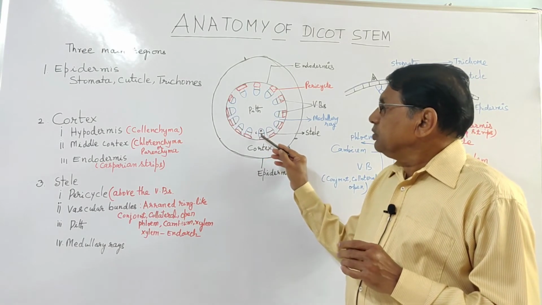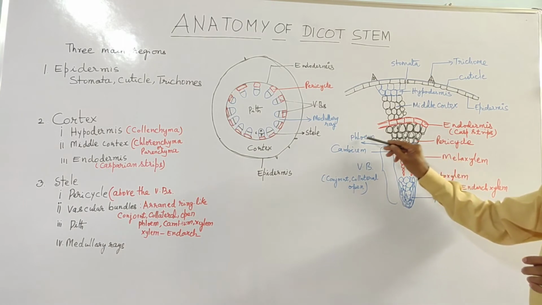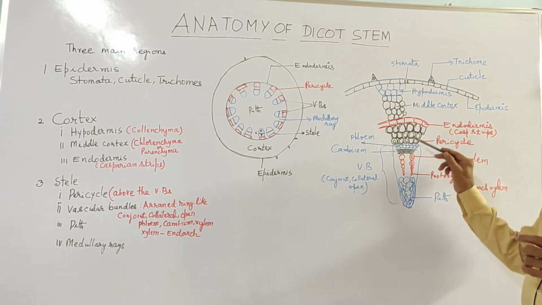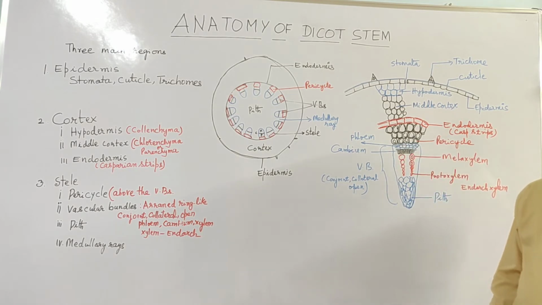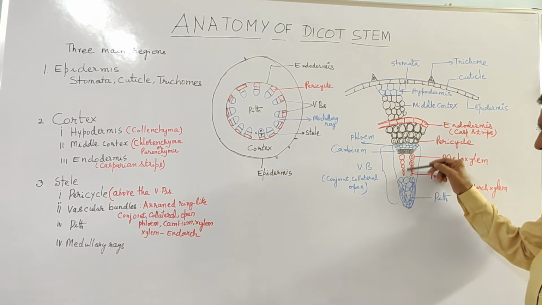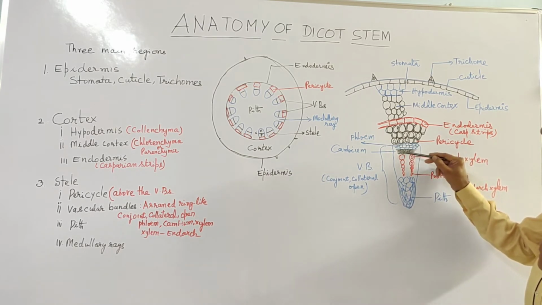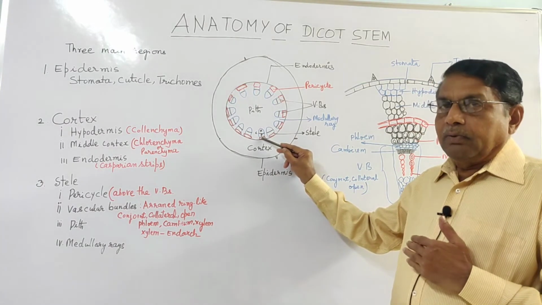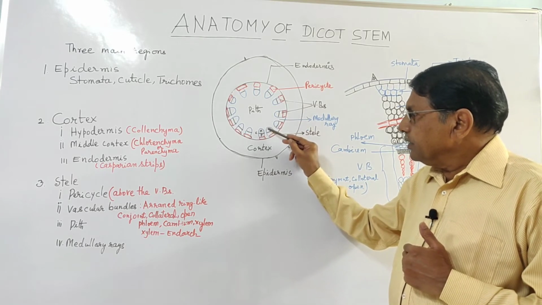In each vascular bundle, this is one vascular bundle, towards the outside is phloem, in the middle cambium, and towards the center, the pith side, the xylem. This is xylem, cambium, phloem. Here, P for phloem, C for cambium, black colored, and this is xylem.